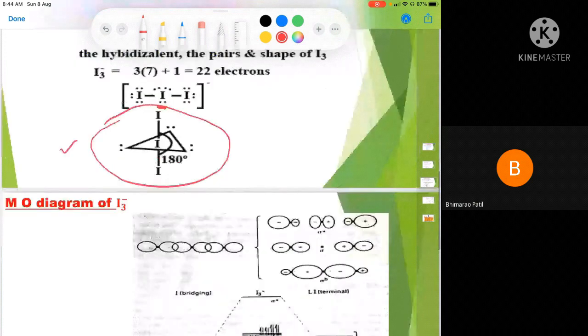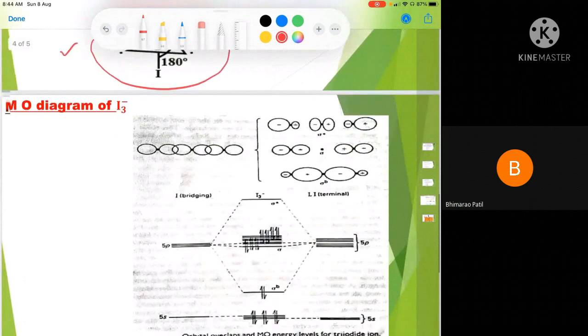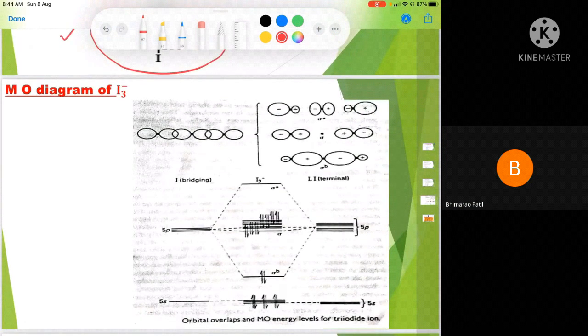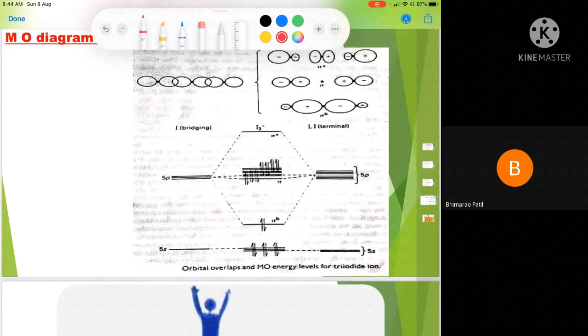And if you go by considering this structure and want to draw the molecular orbital diagram, the molecular orbital diagram is drawn by considering the atomic orbitals of iodine.